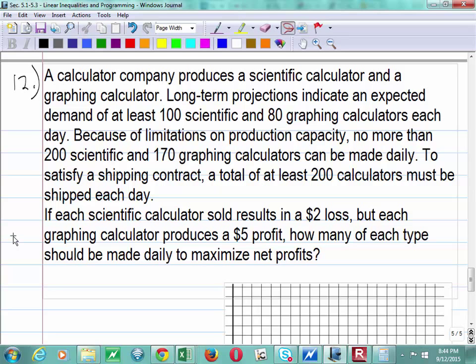The first thing that I think of is why are they even doing the scientific calculator if it results in a loss? Well, I guess there could be a number of reasons.